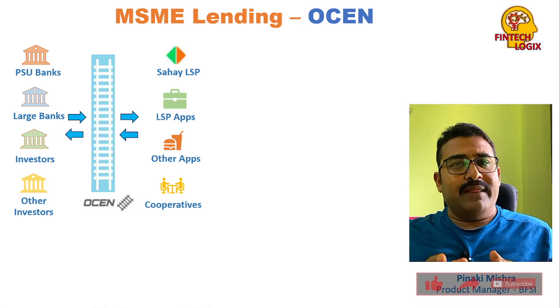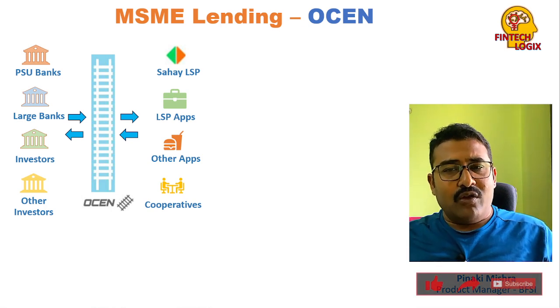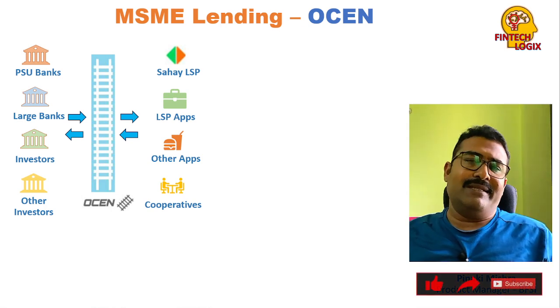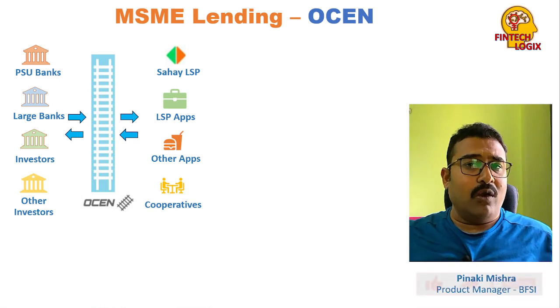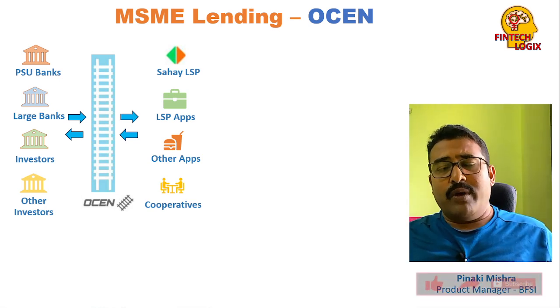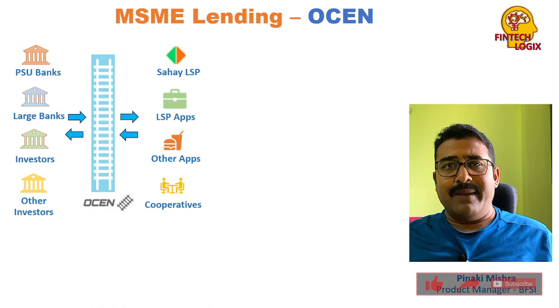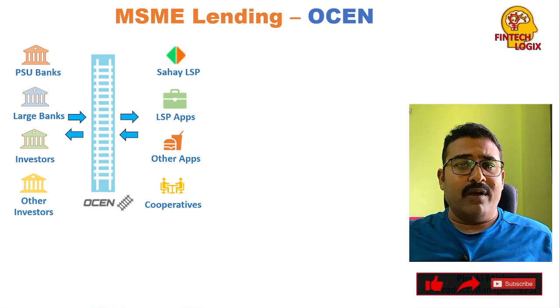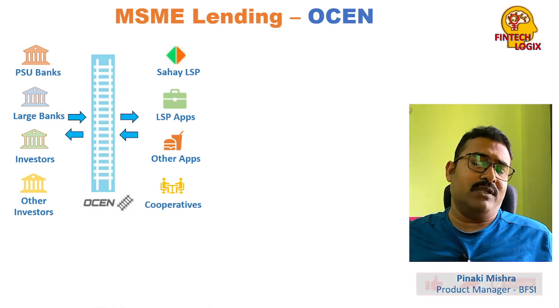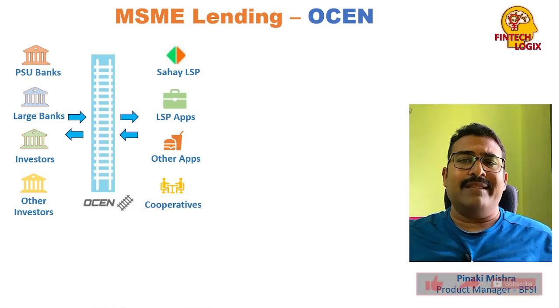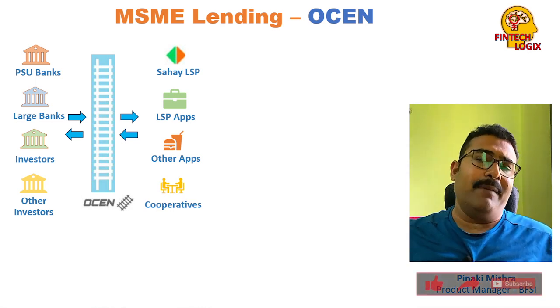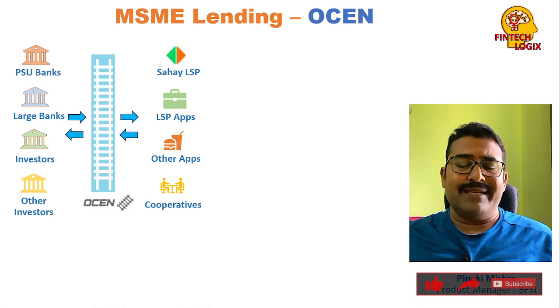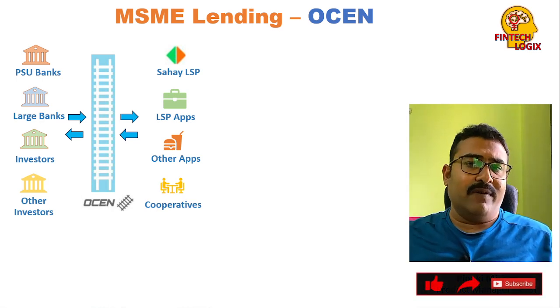Or this OCEN also extends its application to other loan service providers. So though OCEN was first created keeping Sahay in mind, now they have made it open for other loan service providers also to take the help and help their borrowers with the extended facility of connecting these lenders.